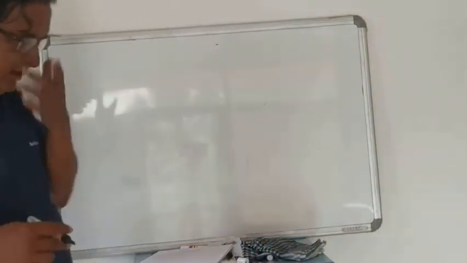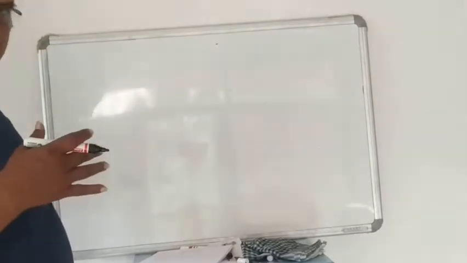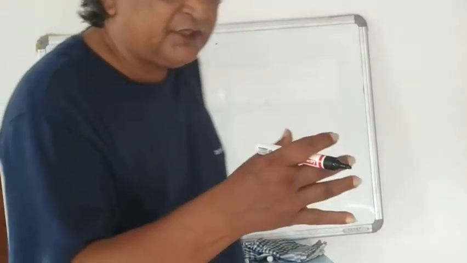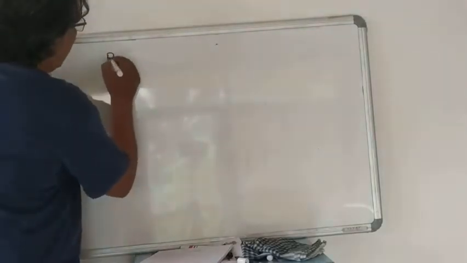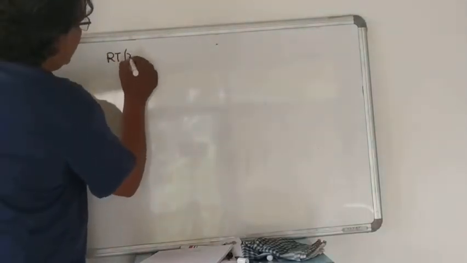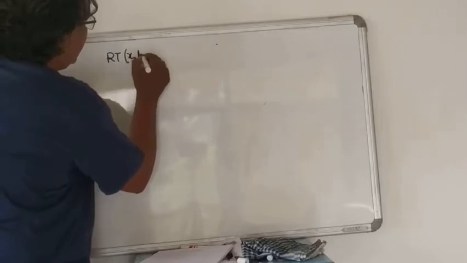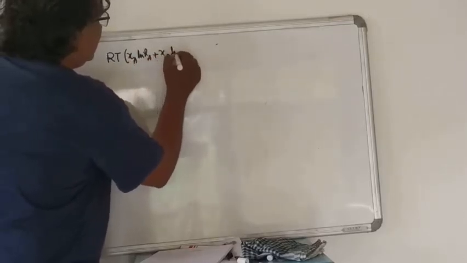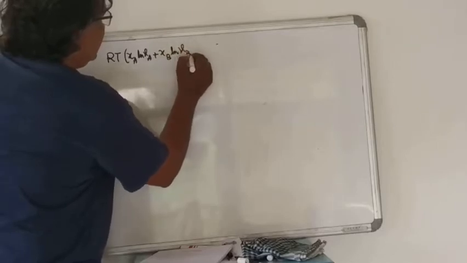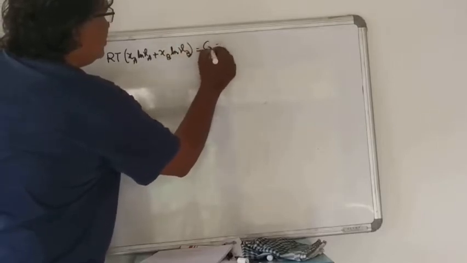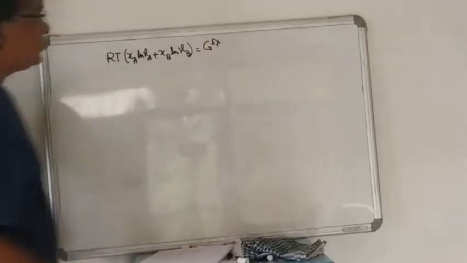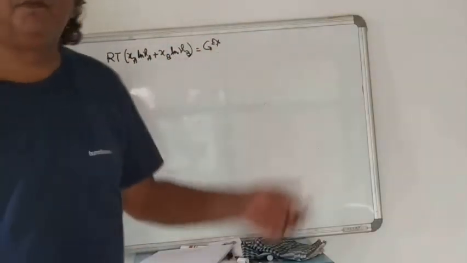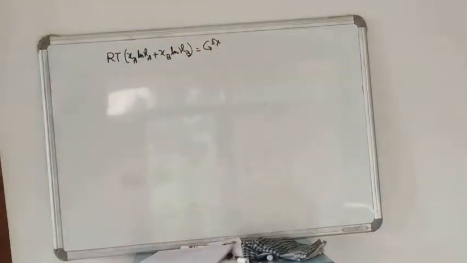In the morning I highlighted an important equation, and that is RT XA ln gamma A plus XB ln gamma B is equal to G XS mixing, which is essentially the non-ideal mixing.